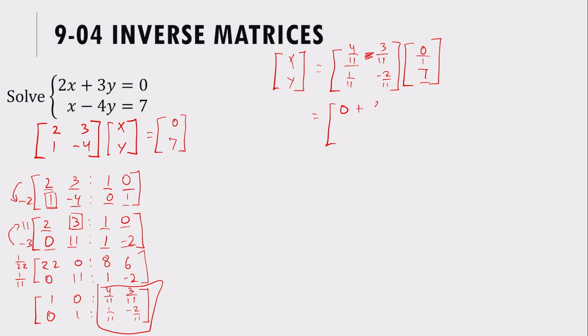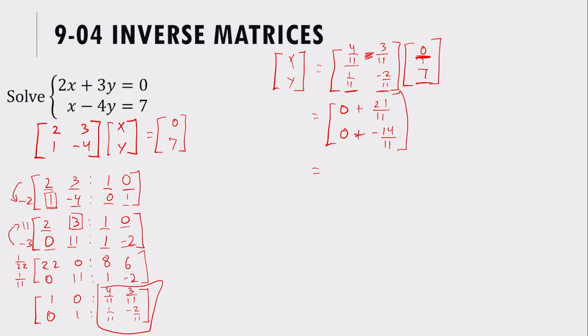So that's 21/11. Then I do the second row. I'll have 1/11 times 0 plus negative 2/11 times 7. So that's negative 14/11.